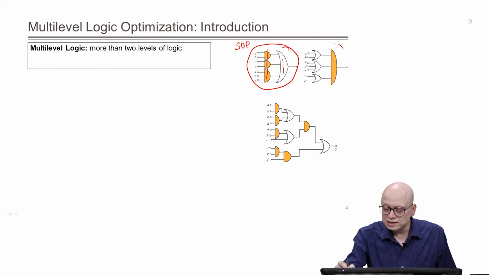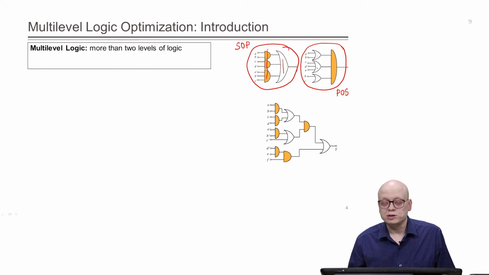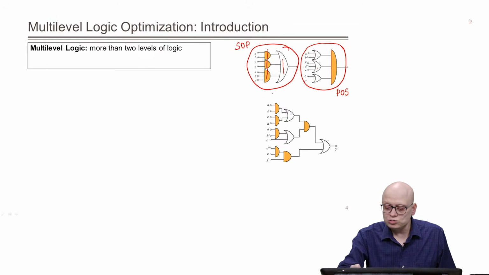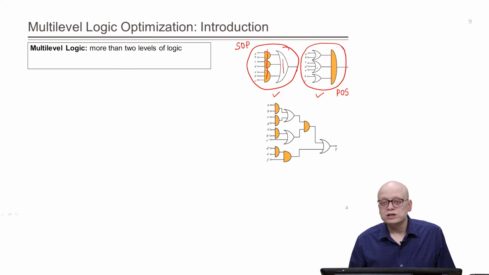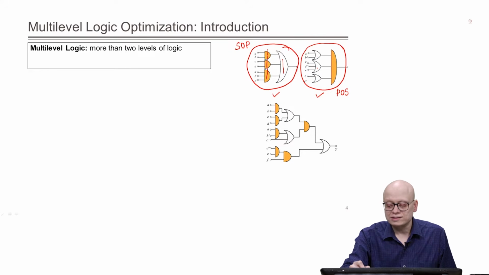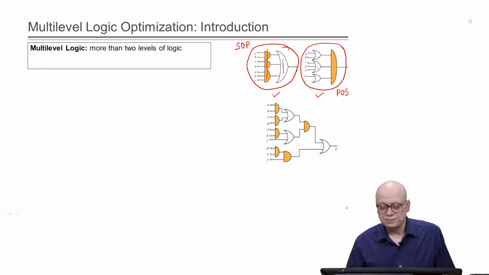And in this circuit, we are taking the product of various sum terms, and that is why it is a product of sum representation or POS representation. These two types of representation, sum of product and product of sum, are two-level logics. Why is it two-level logic? Because there are two levels of gates, AND followed by OR, or OR followed by AND.